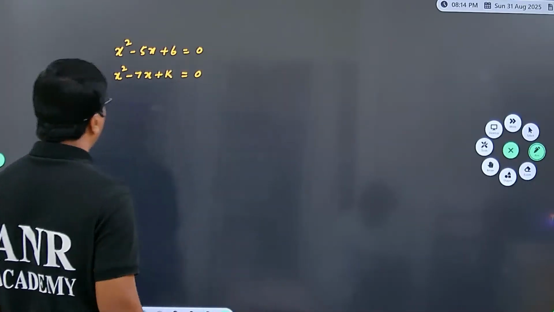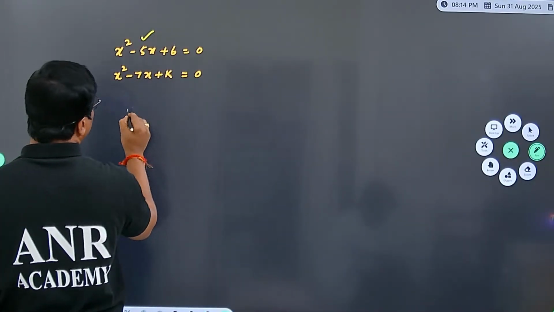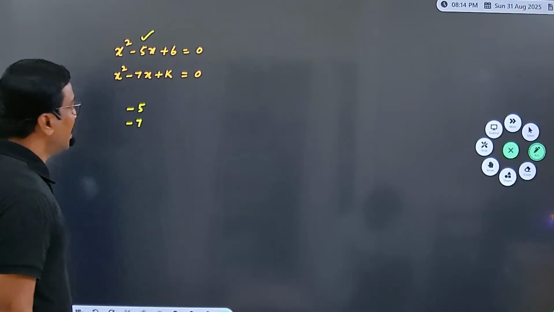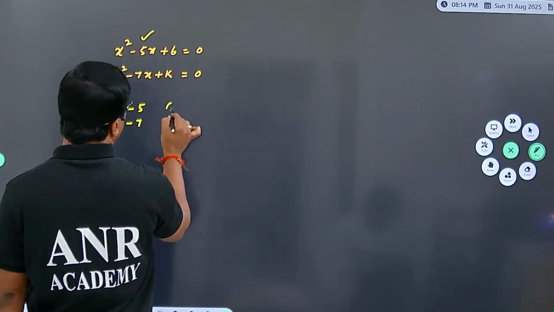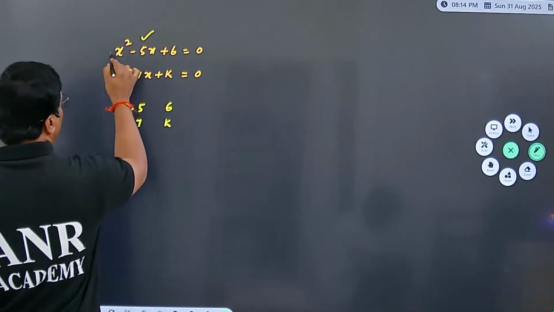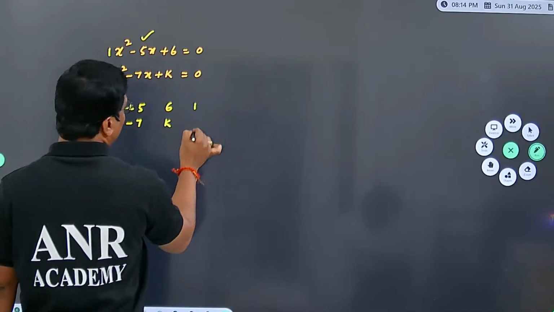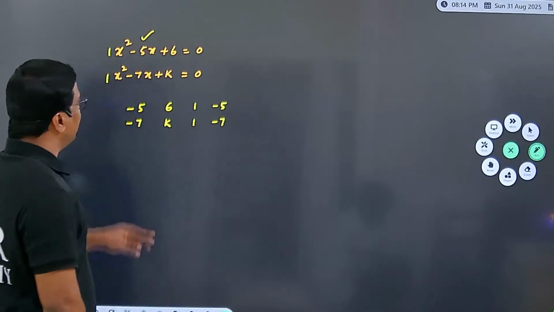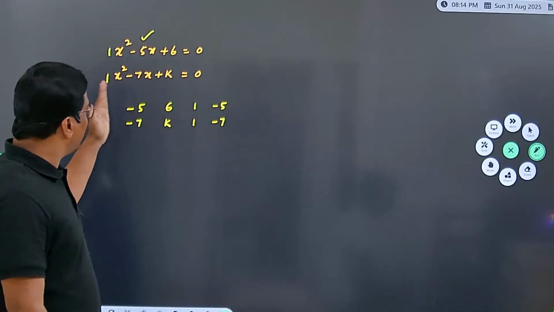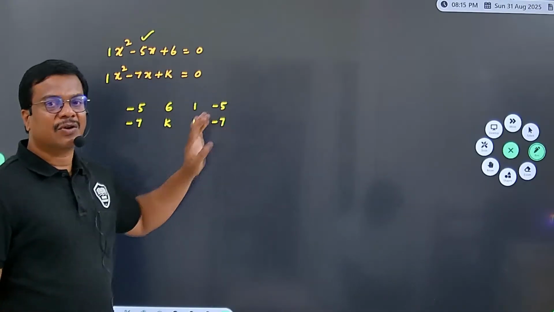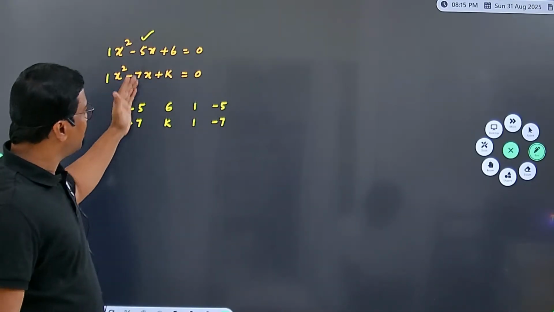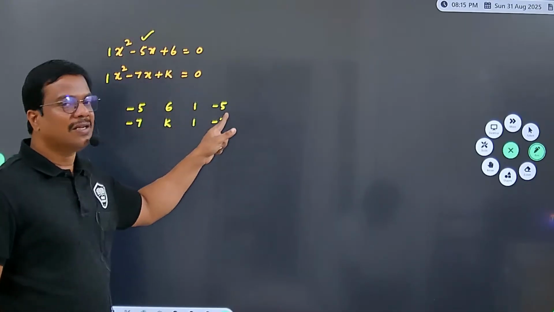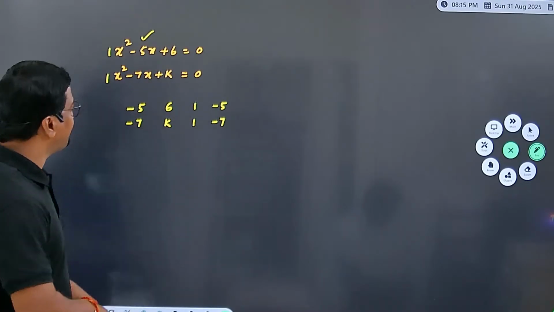First, you have to write the coefficients of x: -5, -7, and then write the constants 6 comma k. Next, the coefficients of x square, 1, 1, and then again write the coefficients of x. Starts with coefficients of x and ends with coefficients of x.